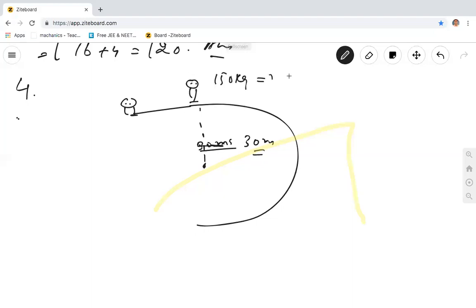It is mass basically. How much horizontal force is needed towards the center so that he negotiates this curve successfully?